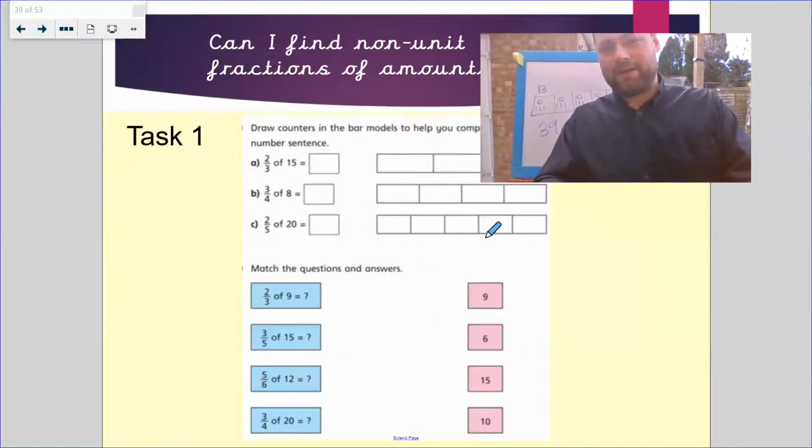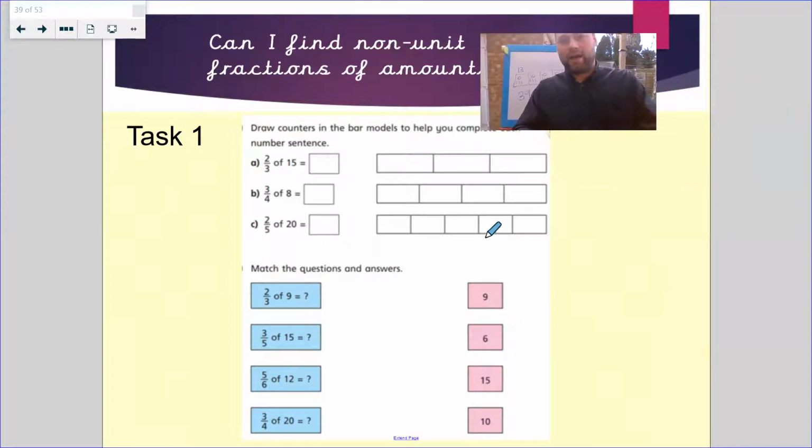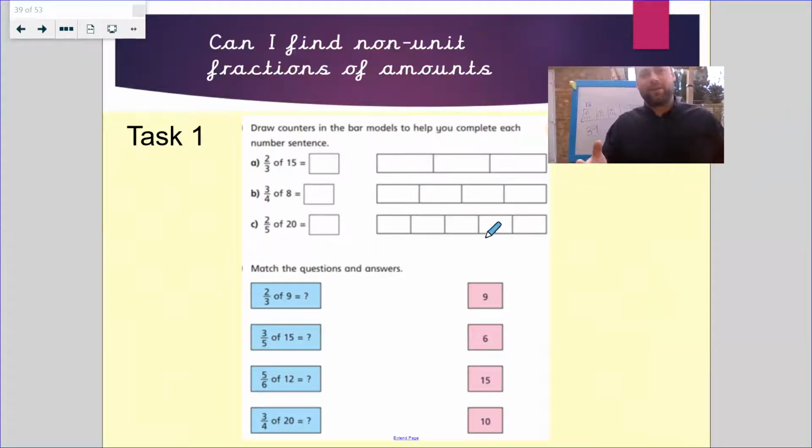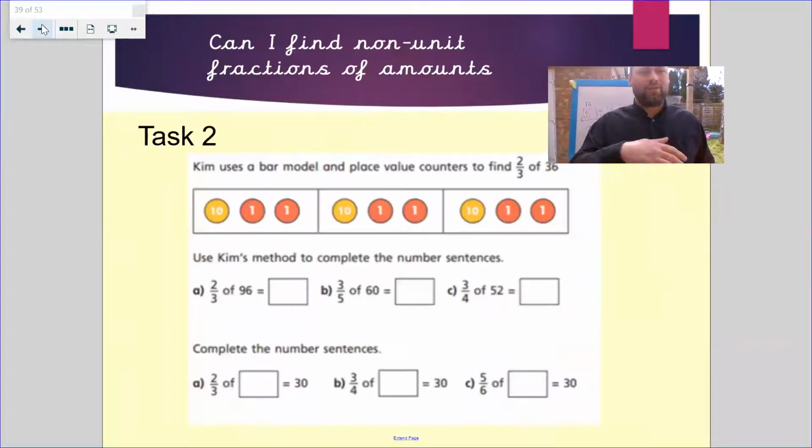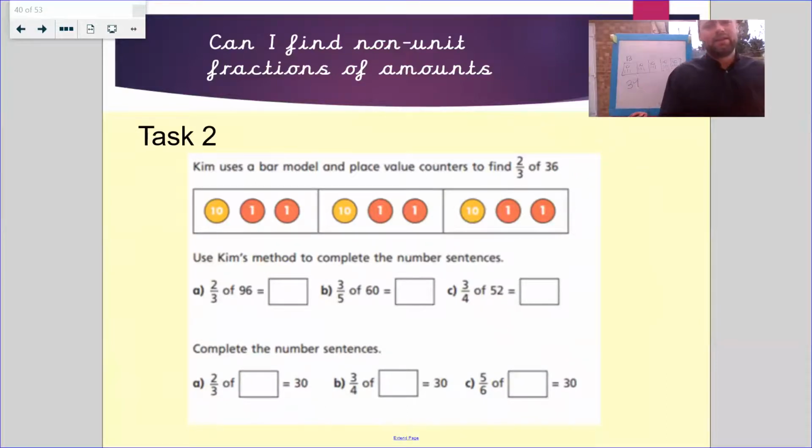Okay, so for your independent tasks today, you are going to be completing the following. For task number 1, draw counters in the bar models to help you complete each number sentence, and then write your answer in the box. And then can you match the questions and the answers together for that one. Task number 2, if you want to challenge yourselves a bit more, complete these sets of questions, please.